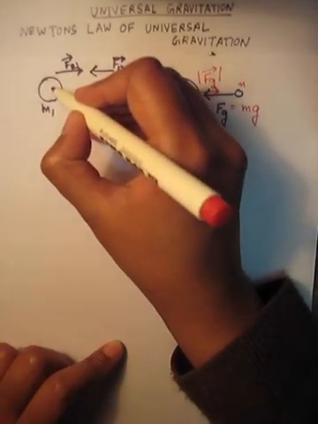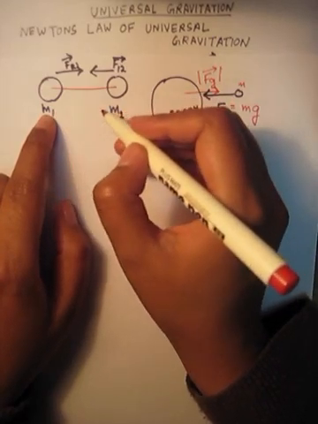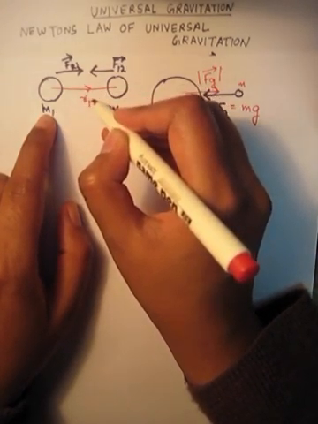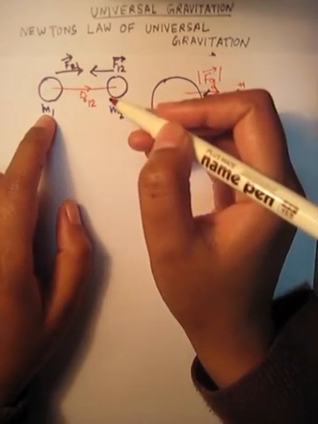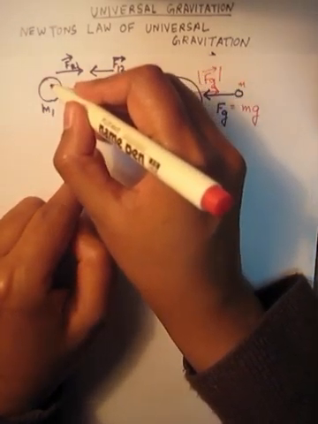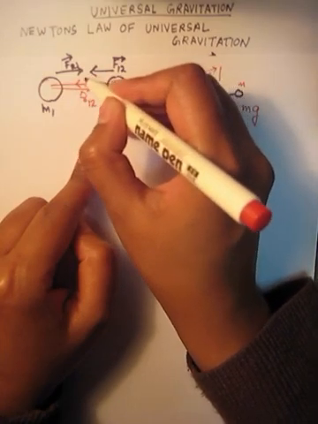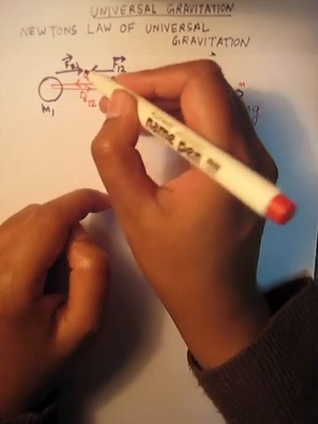Also, the unit vector from 1 to 2 will be given by R12 unit vector, and the unit vector from 2 to 1 will be given by R21 unit vector.